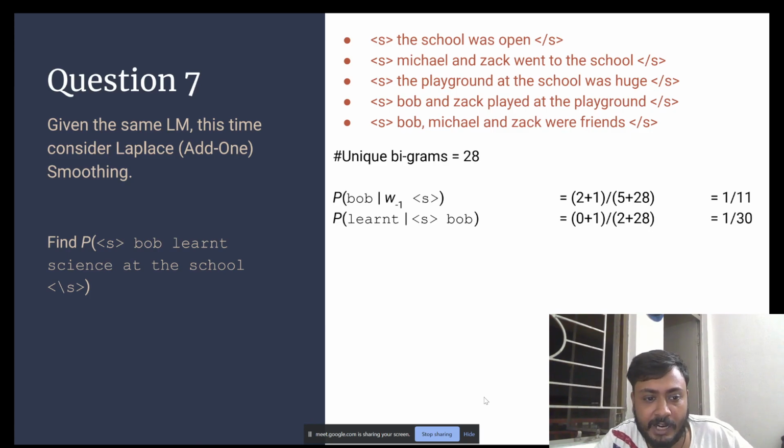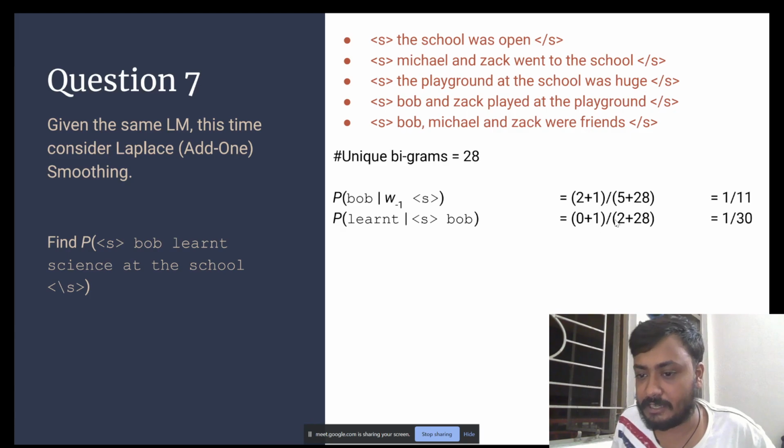Similarly, the next one, learned given begin sentence Bob. If you look at the corpus, nowhere is there begin sentence Bob and then learned. It does not occur, so that is why it's 0. And begin sentence Bob comes 2 times, so that's the 2. And so 1 by 30.